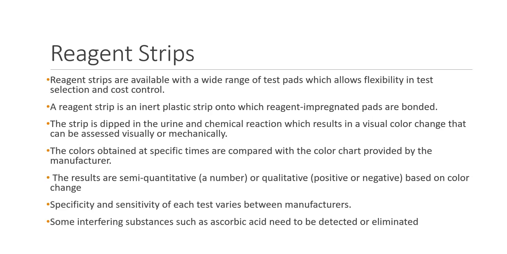And if you look at a package insert, usually on the back or towards the end of it, it will give you studies that have been done by the manufacturer to determine the sensitivity and specificity of each analyte. Some interfering substances, such as ascorbic acid, need to be detected or eliminated, as they can cause false negative results.